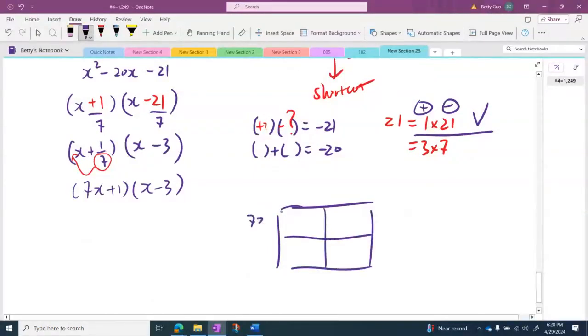Binomial times binomial. We have 7x plus 1, we have x minus 3. 7x times x is 7x squared, 7x times negative 3 is negative 21x. 1 times x is x, 1 times negative 3 is negative 3. And those two middle terms add up to negative 20x, exactly the same as the original given.